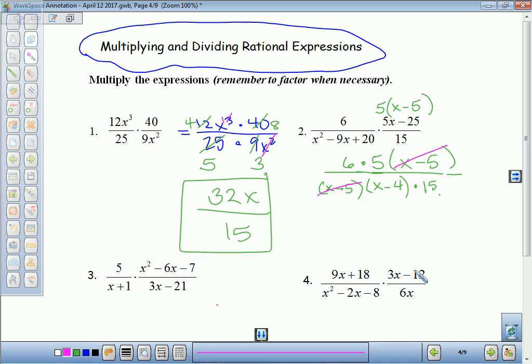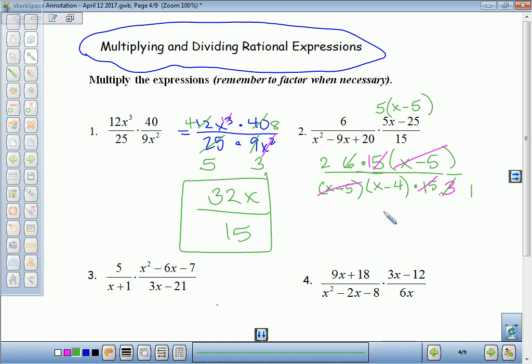I can divide that out. I also see I have a 5 here and a 15 here. 5 goes into 5 1 time, and 5 goes into 15 3 times. Now this is fun, because now this 3 and the 6 can also reduce. So 3 goes into 3 once, and 3 goes into 6 twice. And I think that might be it.